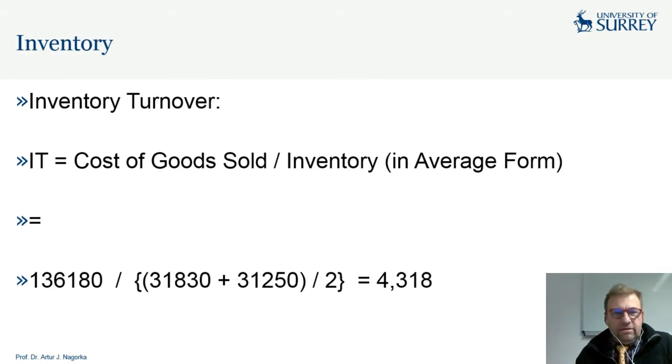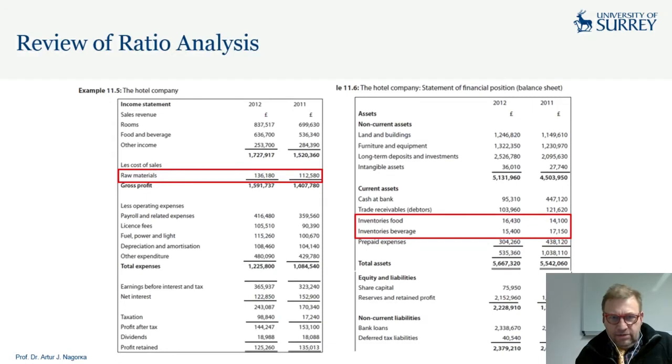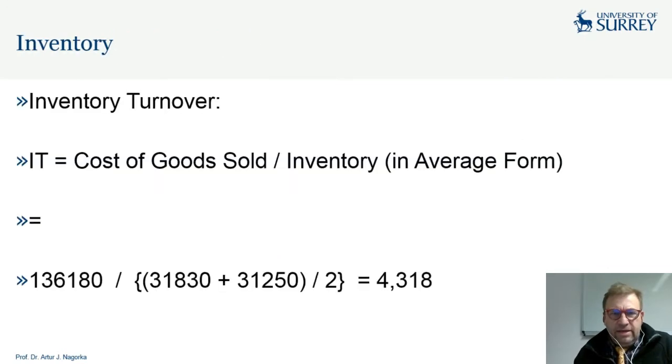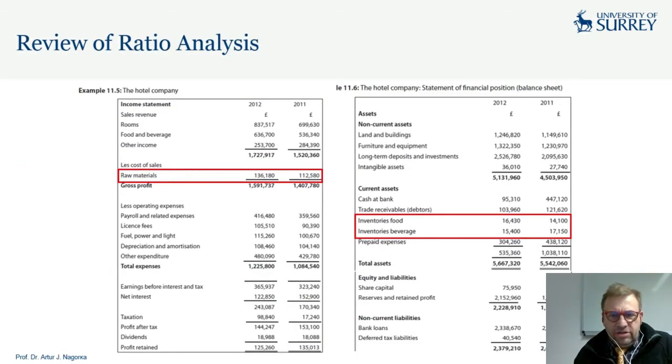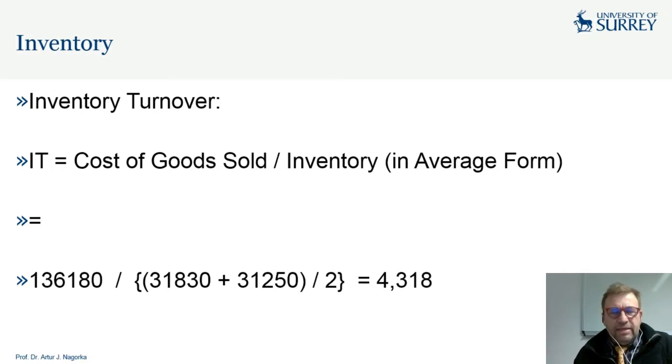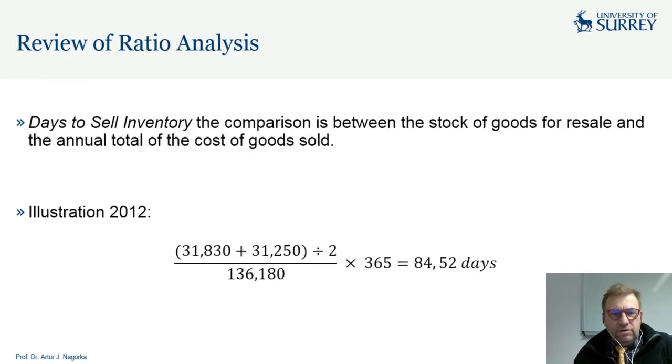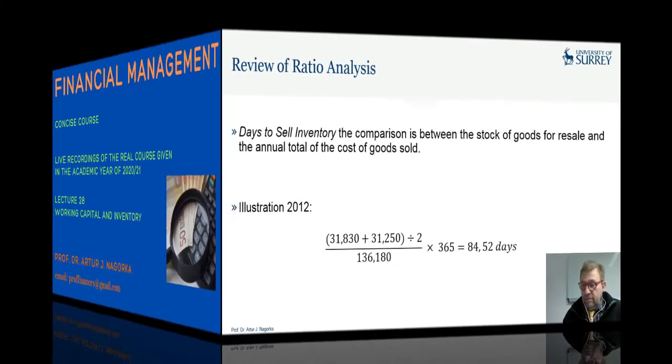We take the cost of goods sold, it is here, for 2012, and then we divide it by the average inventory, and then we have the figure. Now, when we want to calculate the days, we take the inventory turnover upside down and multiply by 365. Of course, the other way would be to take 365 and divide by inventory turnover.